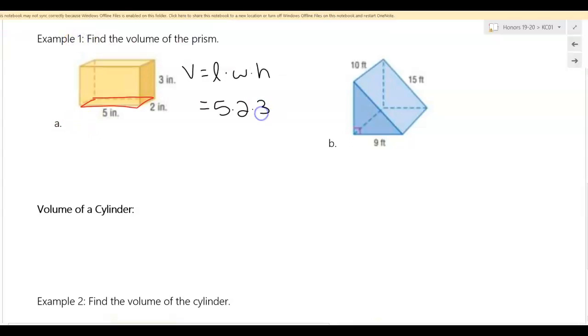The commutative property of multiplication says I could do 2 times 5 times 3, 3 times 5 times 2, right? I could switch my numbers all around, and I'd still get the same answer. So, as long as you have all 3 of your numbers, you should be good with prisms. So 5 times 2 times 3 is 30. It's in inches, and this is 3-dimensional, so our dimension is cubed, right? Dimension is what you're measuring in.